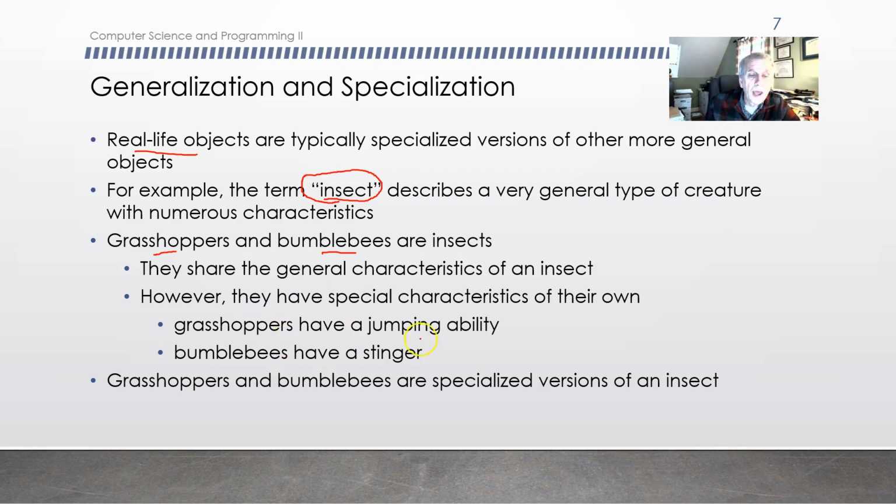For example, a grasshopper has the ability to jump. A bumblebee has a stinger. So what we see is that these are extensions to grasshopper and bumblebee as being specialized types or forms of insect. Everything that an insect in general has, a grasshopper will have, a bumblebee will have, but these are some of the specialization or specialized characteristics.